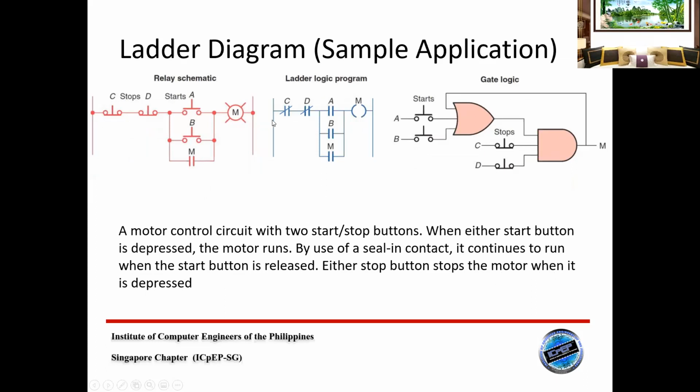So for this one, since this one is a contact, it's normally closed, right? This one, C, is normally closed and D is normally closed. So A will be normally open since this one is our switch.